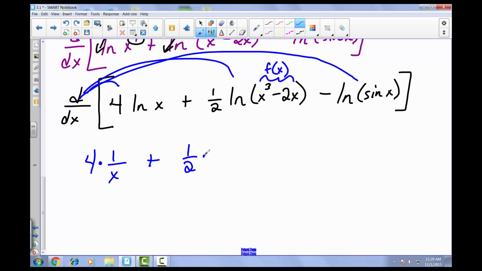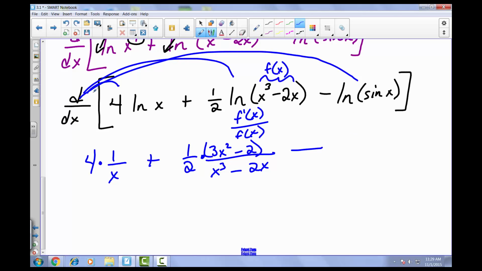Well, we know that from our previous set of notes that that'll just be our derivative on top divided by our original function. So the derivative of this guy would come out to be 3x squared minus 2. And then on the bottom, we just rewrite that function. So x cubed minus 2x.